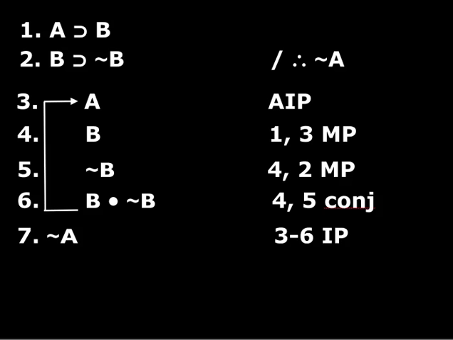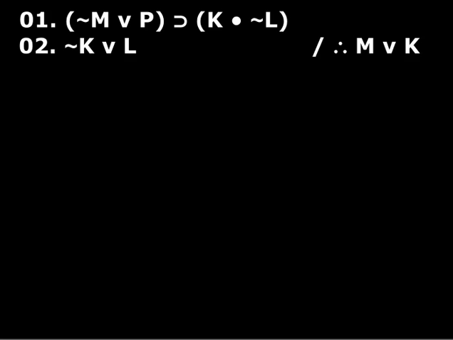Let's see another example. Just like in conditional proof, where you could derive a conditional, maybe it's the conclusion, and so as soon as your subproof is over, your proof is over because you derived the conclusion with your subproof. Or you could use the conditional proof to derive something that was a piece you needed to keep going to eventually get the conclusion.